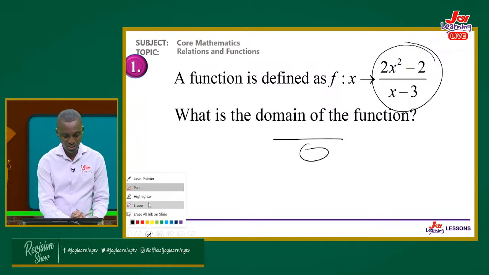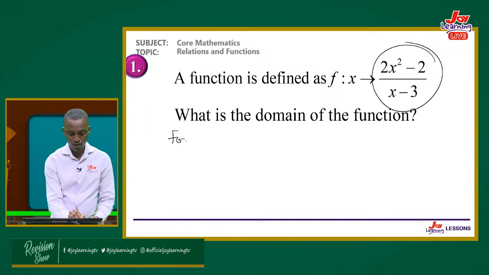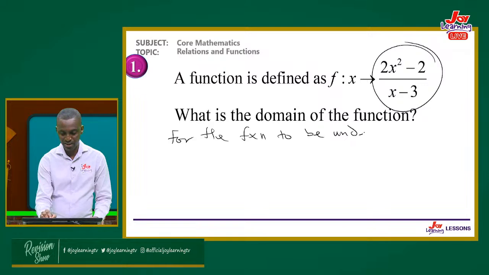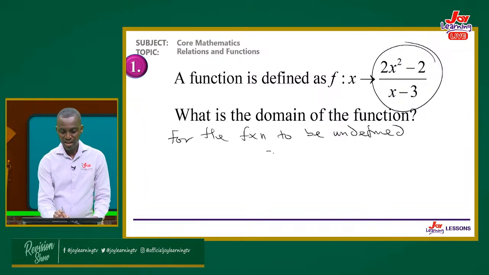So what we are going to do is that we will say for the function to be undefined, x minus 3 should be equal to 0. Do you agree?